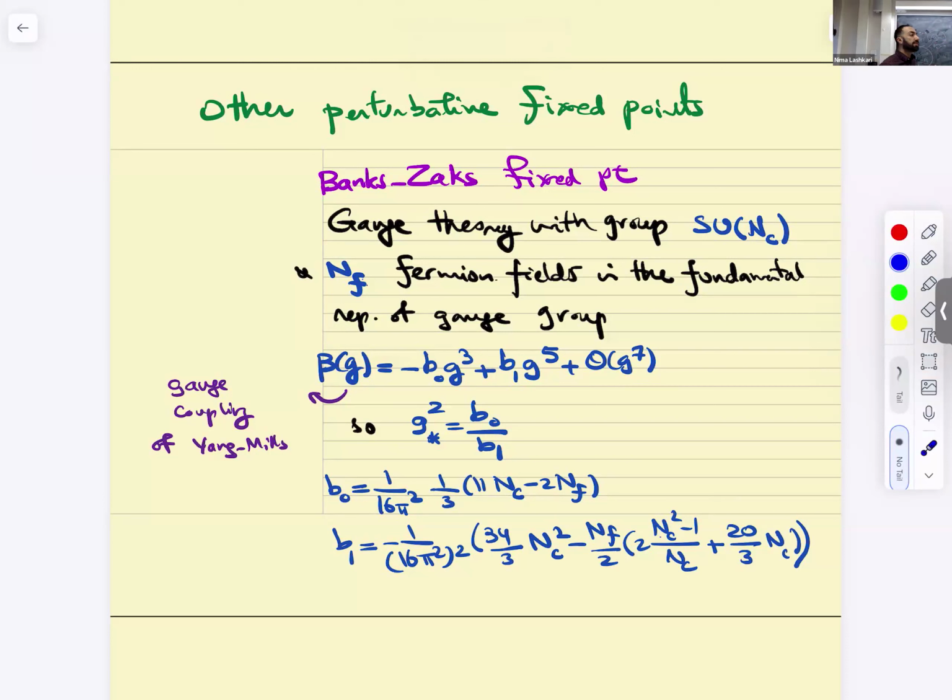There are theories where, so here the problem is we wanted to do a perturbative calculation of the beta function, because that's all we can do. And from that, we wanted to deduce zeros of beta functions, right?